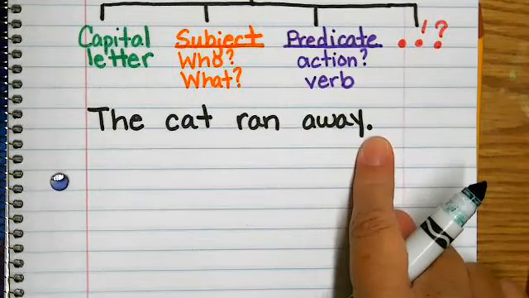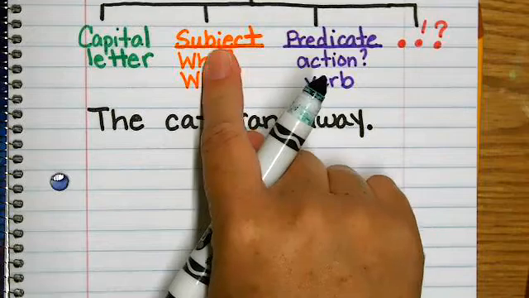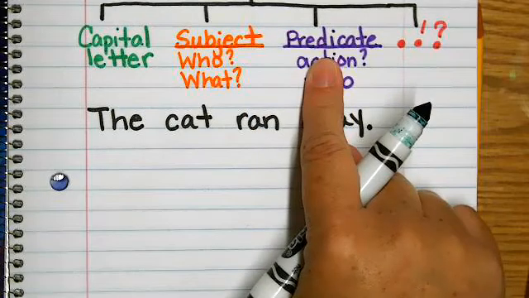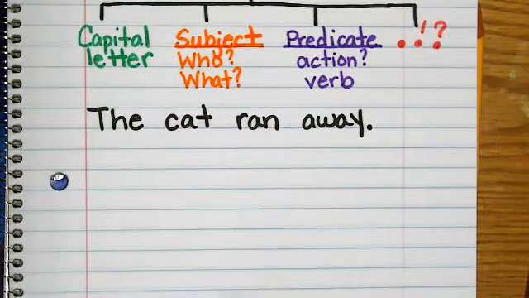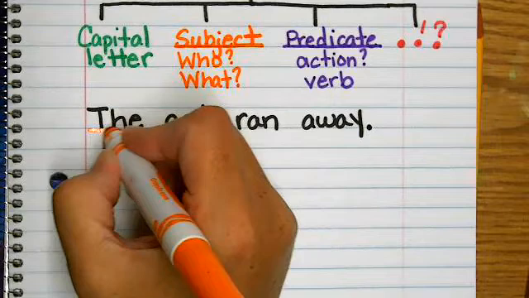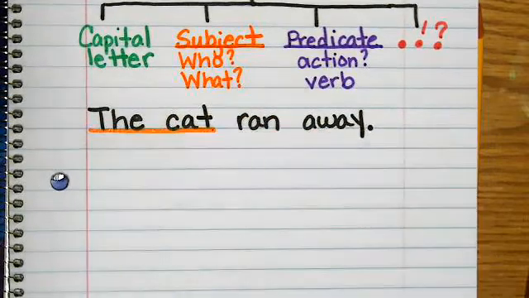There's my period. Now we just need to make sure we've got the subject and the predicate going on here. And today I want you to find the subject. The subject is the who or the what of our sentence. Who ran away? What ran away? Well, it's the cat. So I'm going to underline the cat. The cat is our subject.